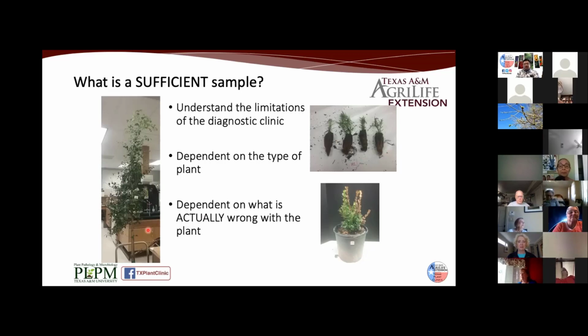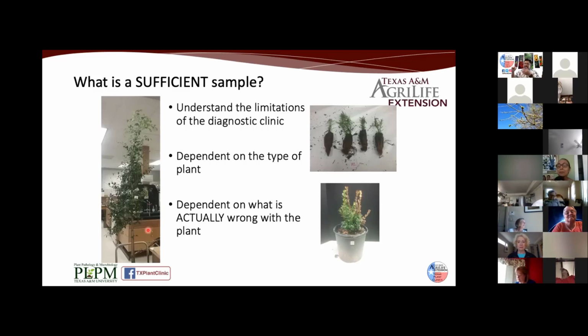No, we don't. So how do you deal with a situation where somebody might want to send in a sample of a tree, an established tree? Well, what we say is get a representative sample. In some cases, that might be a branch.